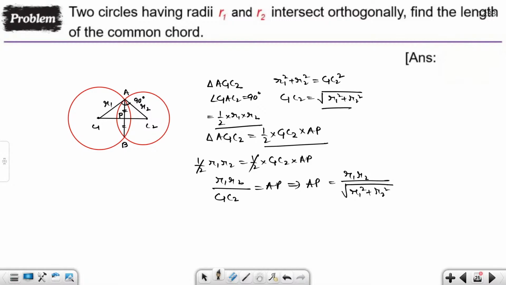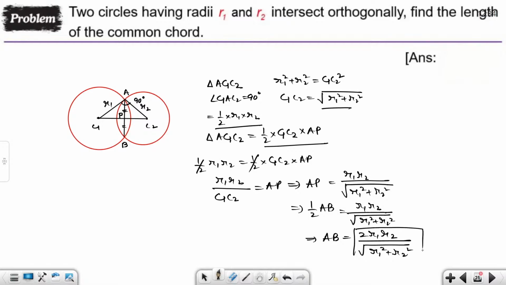Now AP is basically half of AB, since P is the midpoint of AB. So AB is 2R1R2 divided by root over R1 square plus R2 square. Therefore, the length of the chord AB in this case is this one.